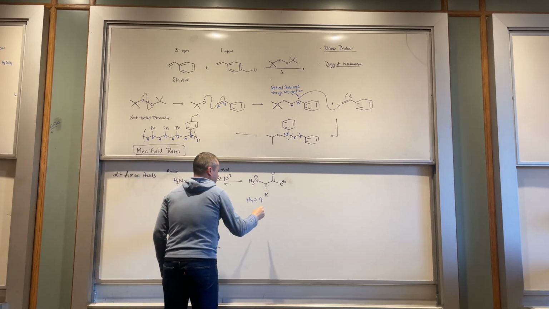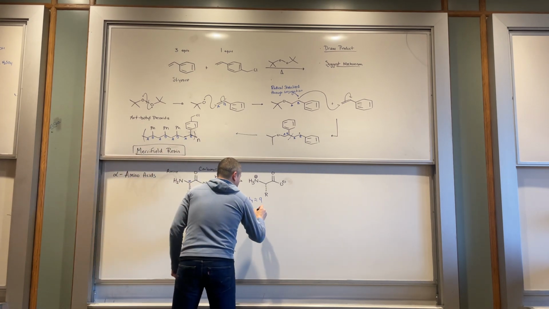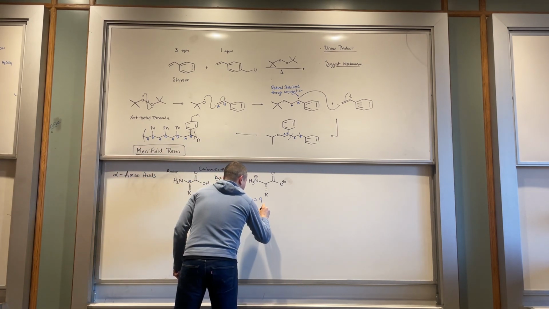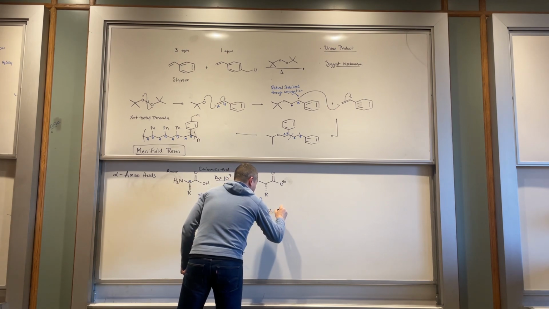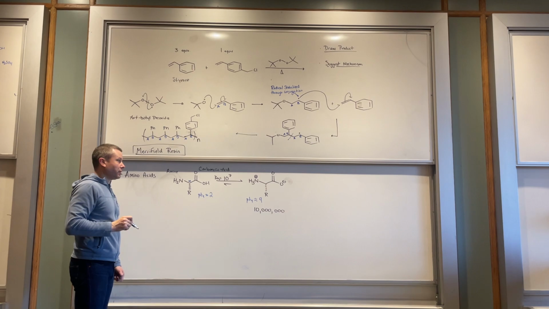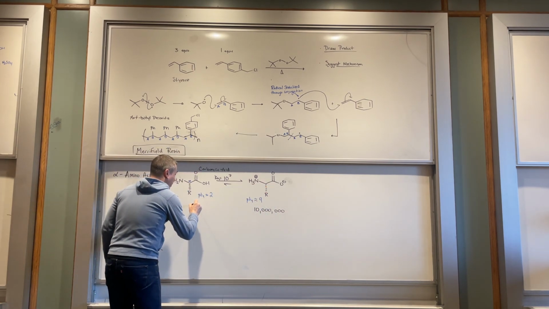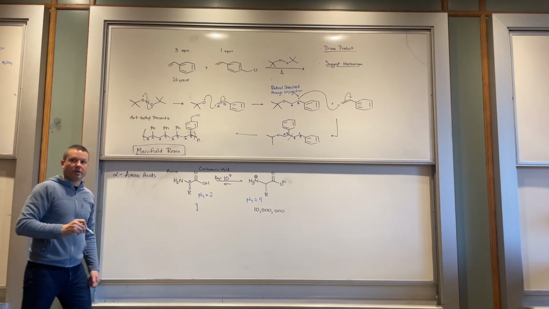So what this means is that if we had a solution of this in water, there would be 10 million molecules of the ammonium carboxylate to every 1 molecule of the amino acid.